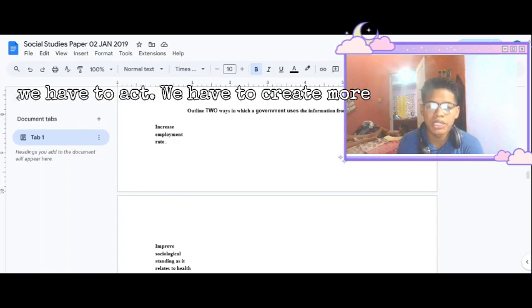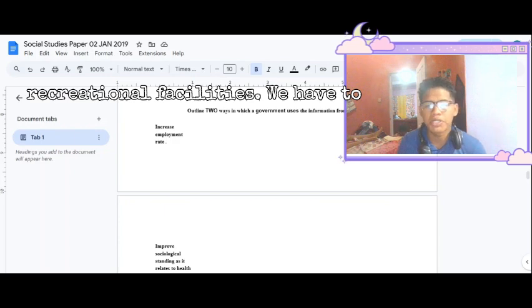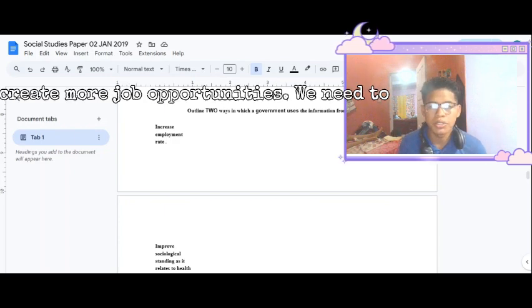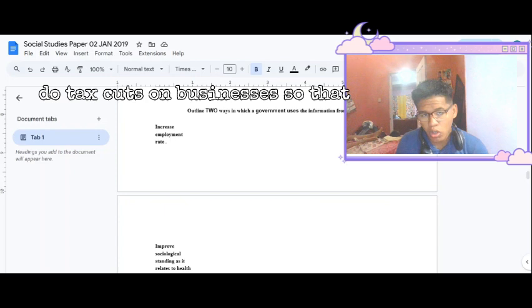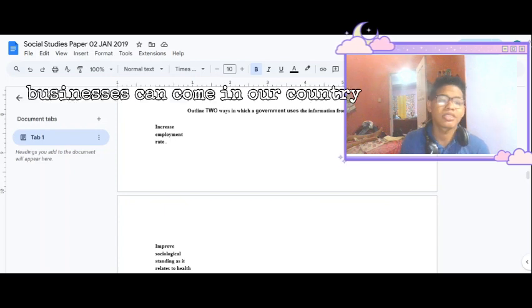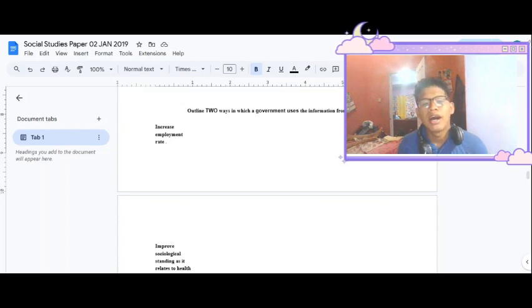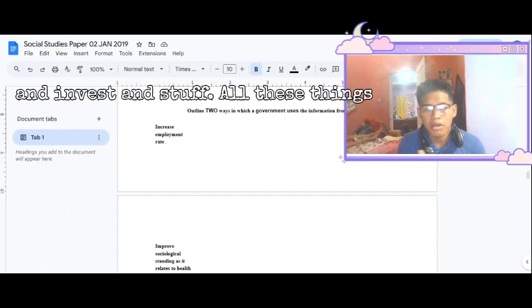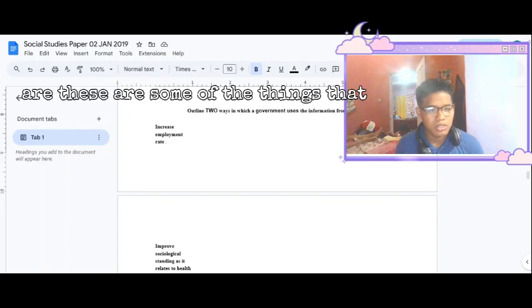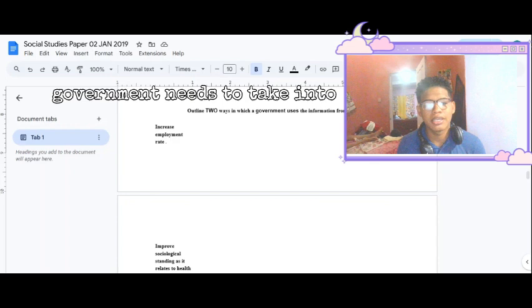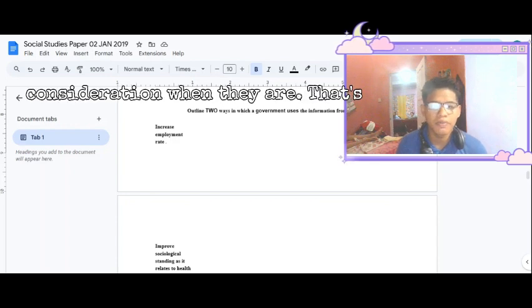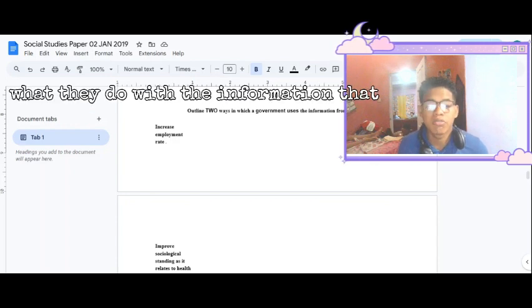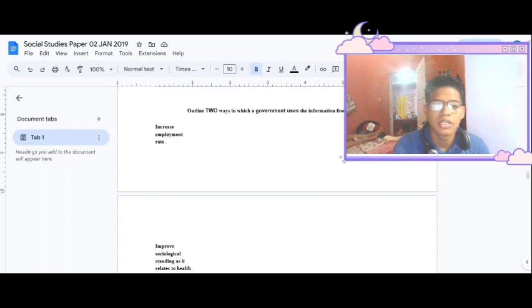We have to create more recreational facilities. We have to create more job opportunities. We need to do tax cuts on businesses so that businesses can come in our country and invest and stuff. All these things are some of the things that government needs to take into consideration when that's what they do with information that they obtain from a census.